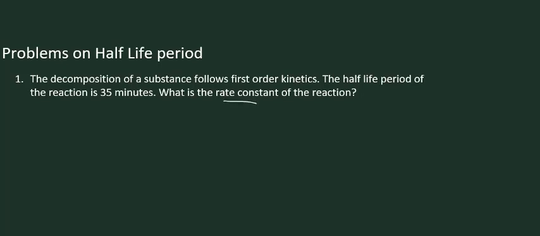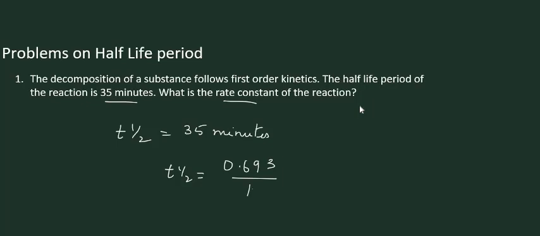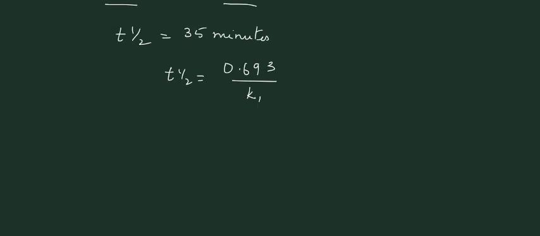And what is given is half-life. So T half is given as 35 minutes. For first order reaction, we have expression T half is equal to 0.693 by K1. So we have to find K1.